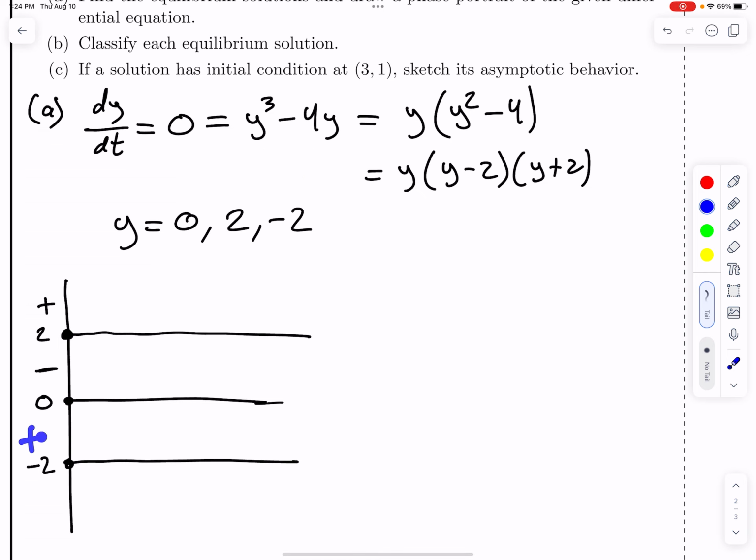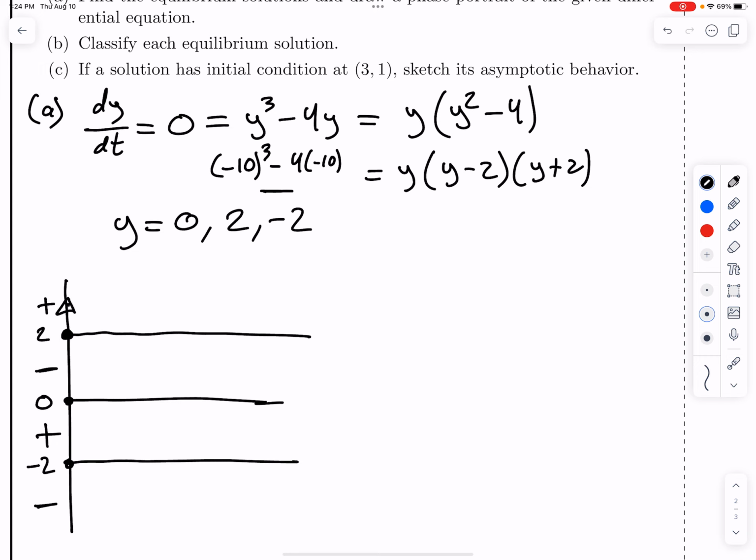So it's positive in this region. And if we put in a number like negative 10, negative 10 cubed minus 4 times negative 10 is going to be a negative number. So it's going to be negative down here.